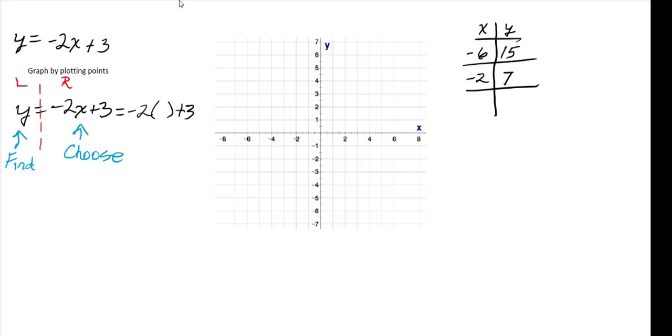So now let's choose x equals 0. Well, the result for y will be 3. Okay, so when x is 0, y is 3. Now let's choose one more. Okay, so I'm going to erase again.